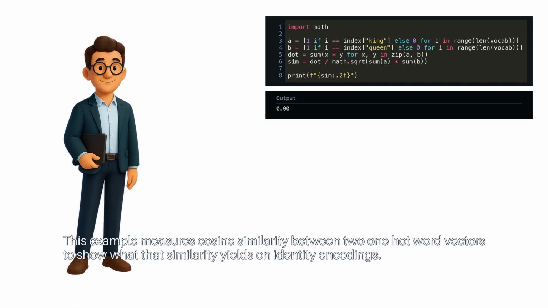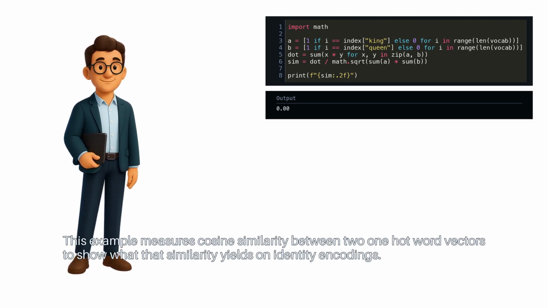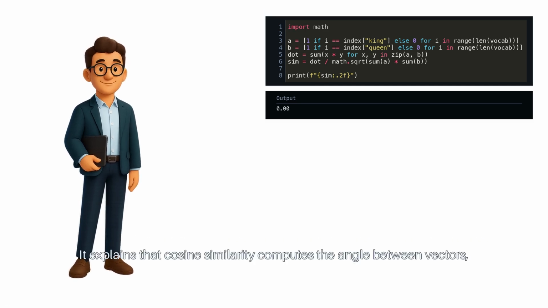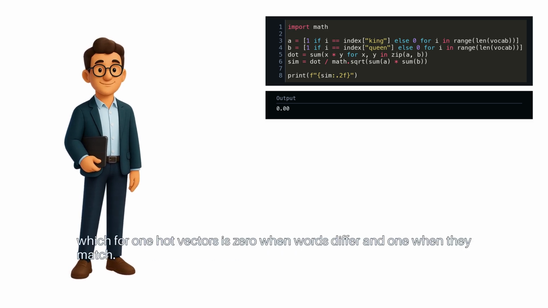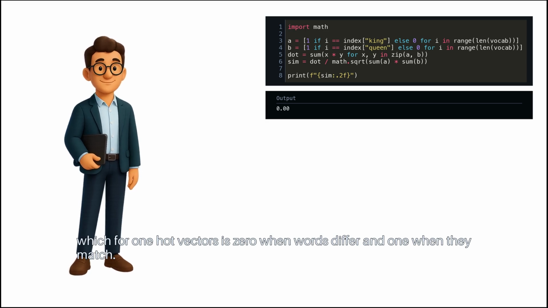This example measures cosine similarity between two one-hot word vectors to show what that similarity yields on identity encodings. It explains that cosine similarity computes the angle between vectors, which for one-hot vectors is 0 when words differ and 1 when they match.